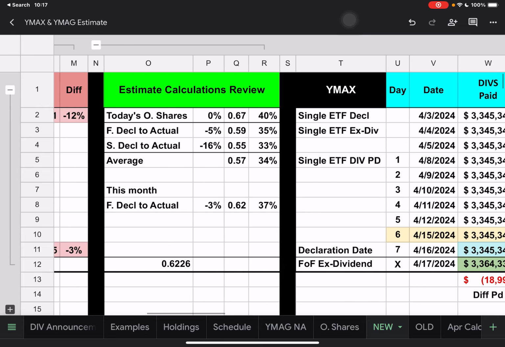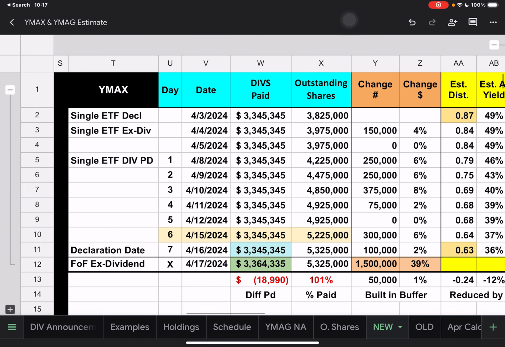All right, so if we go over to the YMAX here, you can see that they didn't have that buffer there. So you see here we have a built-in buffer of only 1%, which was enough to pay an additional 50,000 down here. And if you look, we actually had people buy into YMAX today, even though we didn't have anybody buy into YMAG.